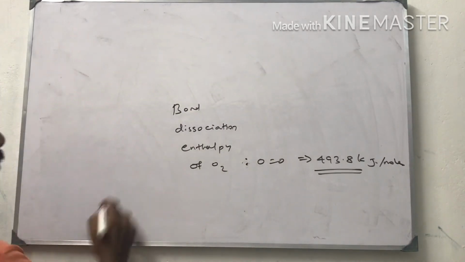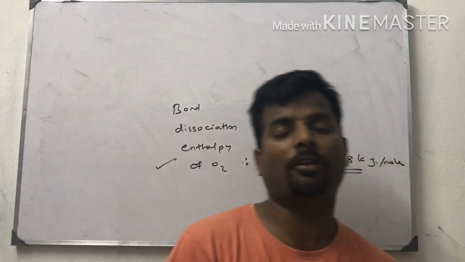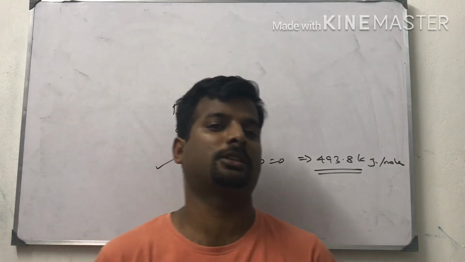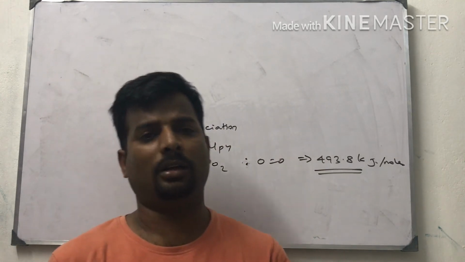So the bond dissociation enthalpy is high in dioxygen, so a small amount of heat is required to start the process. These are the important properties of dioxygen.